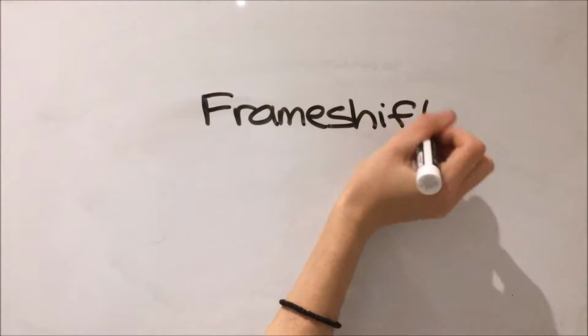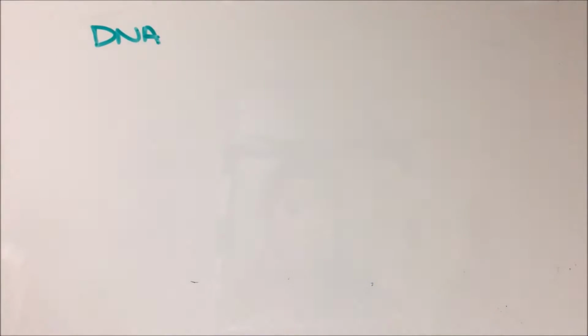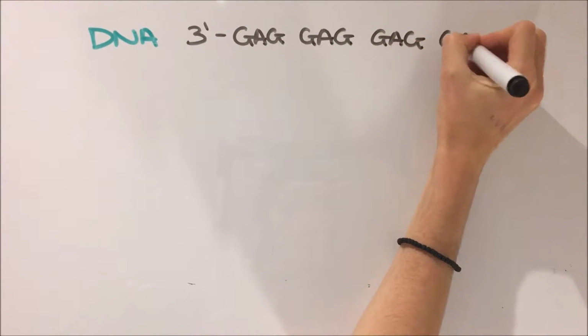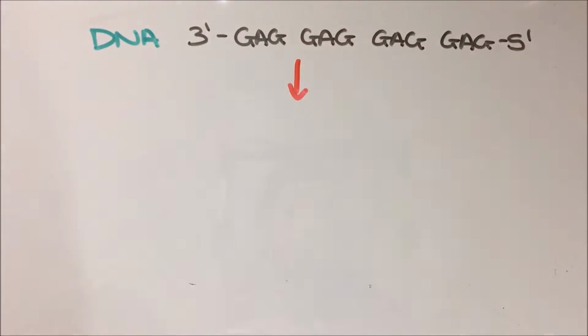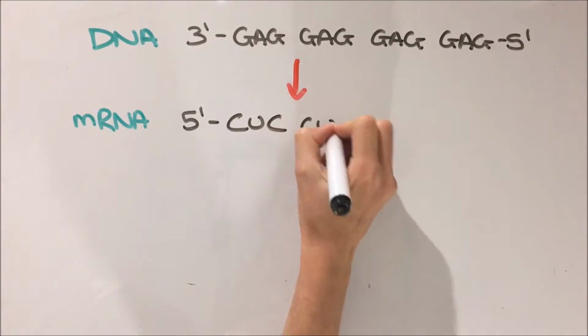Now, let's have a look at a mutation that has a more serious effect on the DNA sequence: frameshift mutations. Protein coding DNA is divided into codons, each made up of 3 nucleotides. Both insertion or deletion events can lead to a frameshift, where the codons are read incorrectly.